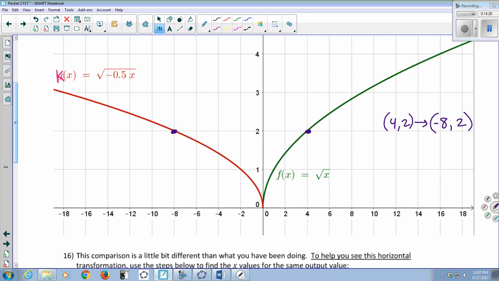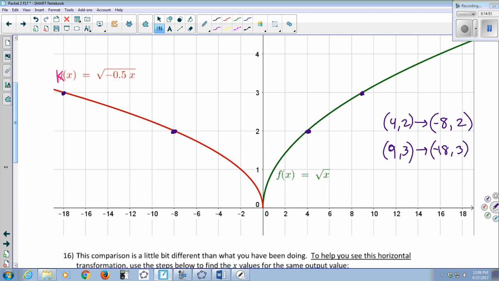And then let's do a y value of 3. The point on f is 9, 3. And on k, the point that has a y value of 3 has an x value of negative 18. So I have negative 18 comma 3.